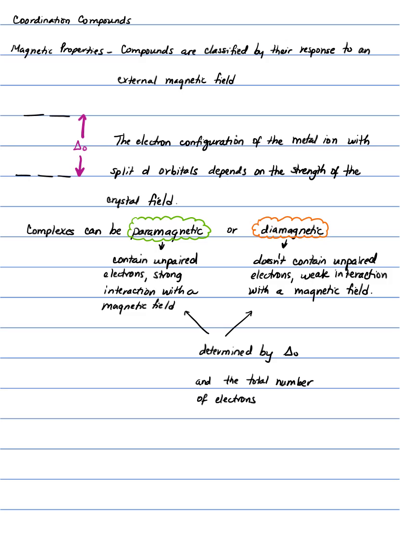Now, whether your complexes are para or diamagnetic is going to depend on the splitting of the orbitals and also the total number of electrons. Let's review Hund's rule because your electrons are going to be placed in the orbitals following this rule.